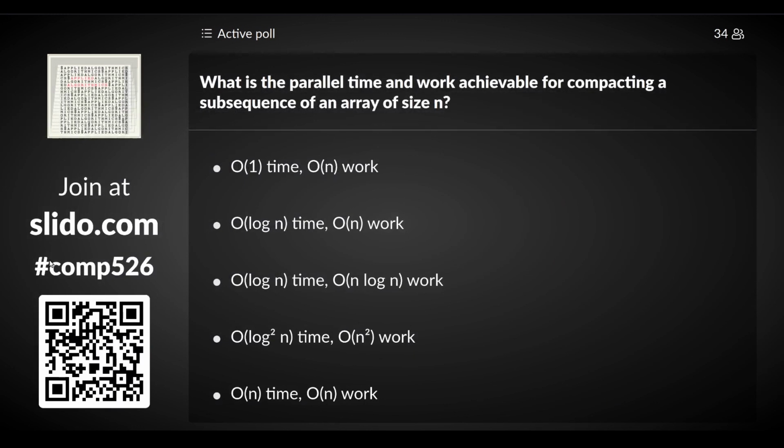How was it doing with the previous questions? We had 51. Anyone still thinking or discussing?